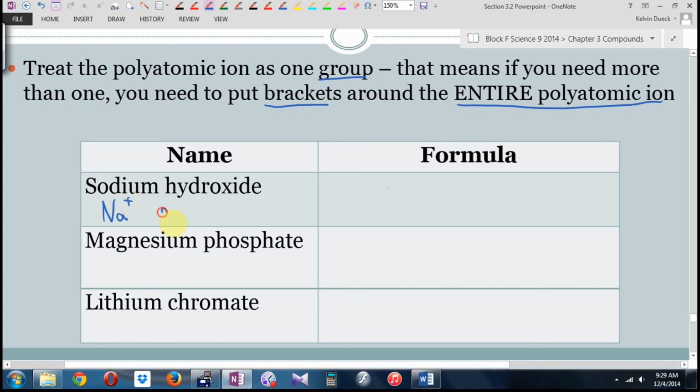So it's OH minus. I just copied it right from my chart, right? Mateo, I'm not sure what you're asking me. It's OH minus, right? Now we crisscross. What's the formula going to be? That there is the formula for sodium hydroxide.